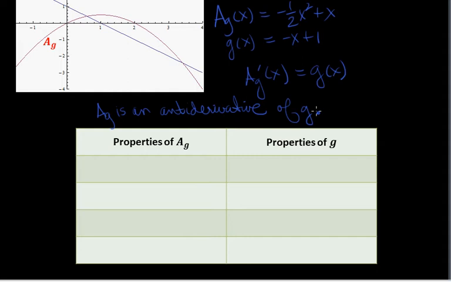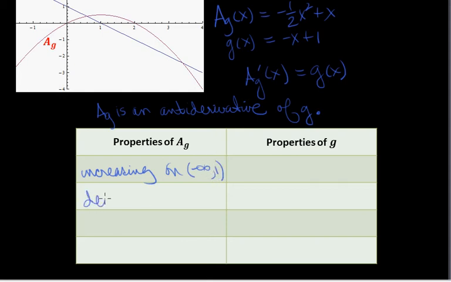So let's just, by way of review, look at the properties of a sub g, the antiderivative, and the corresponding properties of its derivative g. If you look at the graph of a sub g, you see that it is rising up until x equals 1. So we could say that a sub g is increasing on the interval minus infinity to 1.